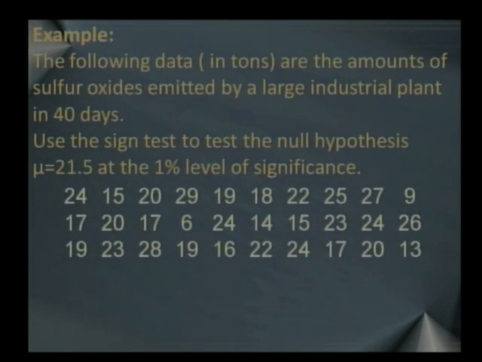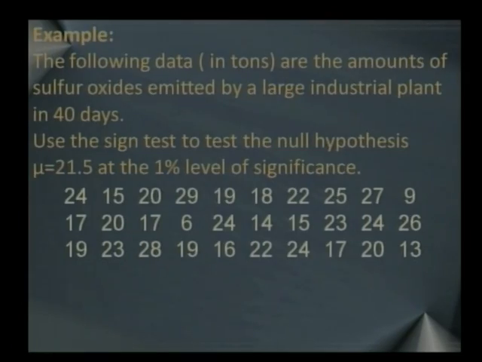Here mu, the population average, is 21.5. So you will say whether the sulfur dioxide emitted by the plant is greater than 21.5 or less than. The data for the 40 days is given.